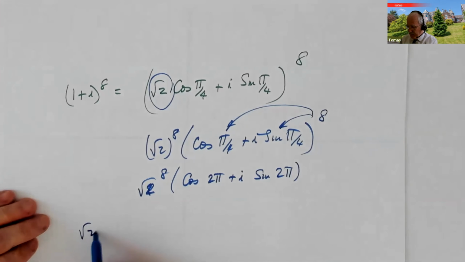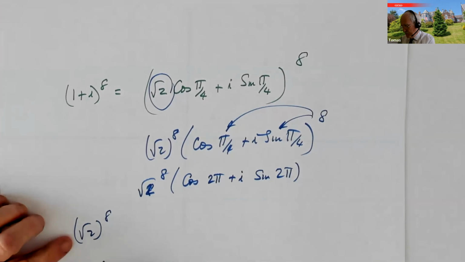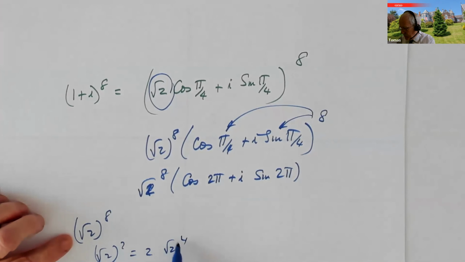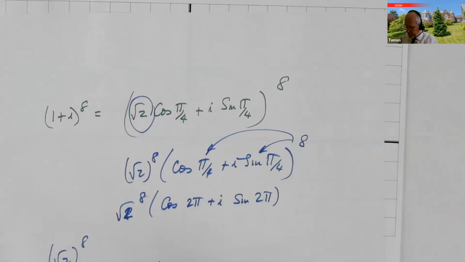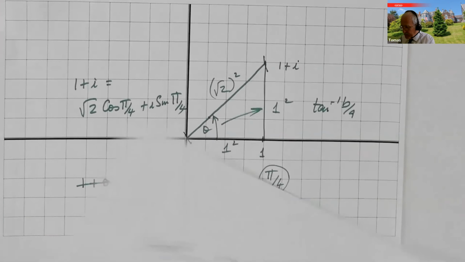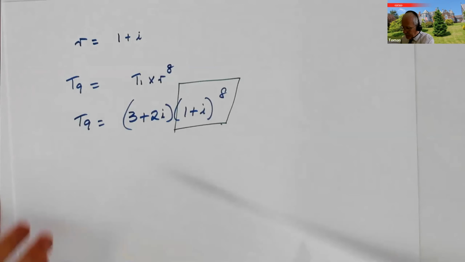And root 2 to the power of 8 is, well, root 2 squared would be 2, root 2 to the 4 would be 2 by 2 would be 4, and root 2 to the 8 would be 8. Or maybe we could work it out on the calculator, to be sure.